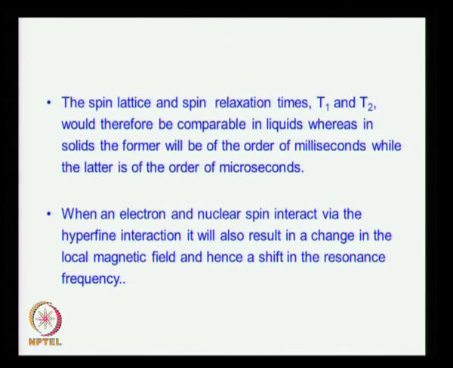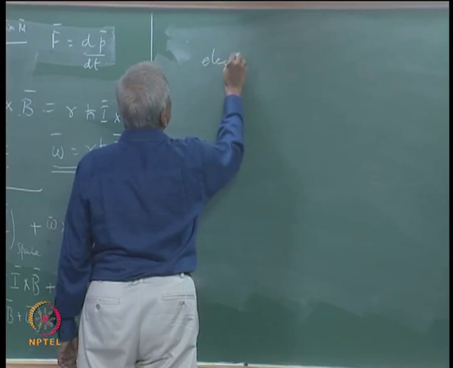So, the resonance process is very similar, except that it is shifted out to microwave frequencies for the same fields. But again, just like the dipolar splitting due to internal fields, the electrons interact with nuclei. The electrons and nuclear spins interact via what is known as the hyperfine interaction. So, electron nuclear interactions.